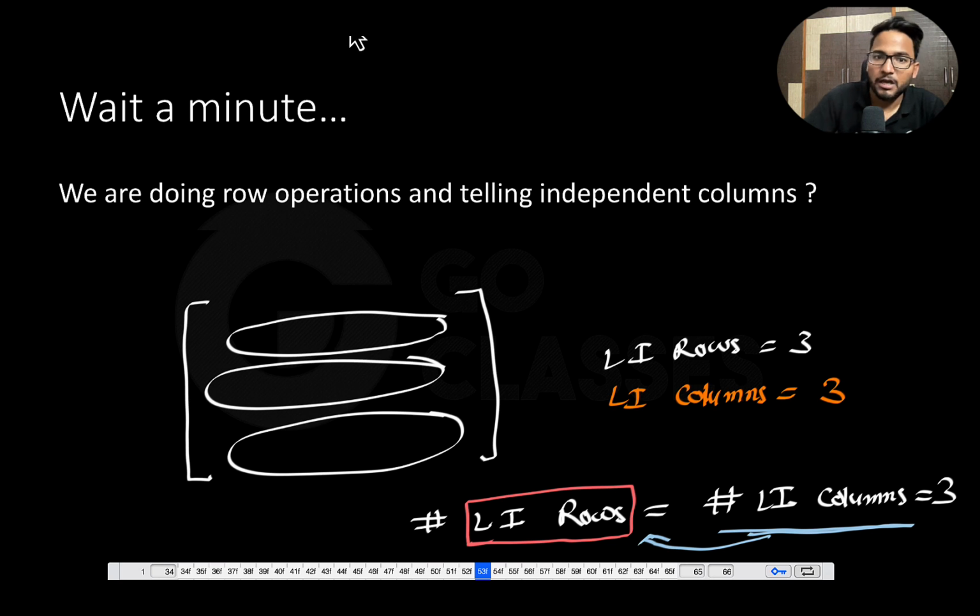Let's just see. For that, I want to give you one example. Suppose that you have one matrix with some numbers. Maybe let me take 1, 2, 3, then 2, 3, 4, something like that.